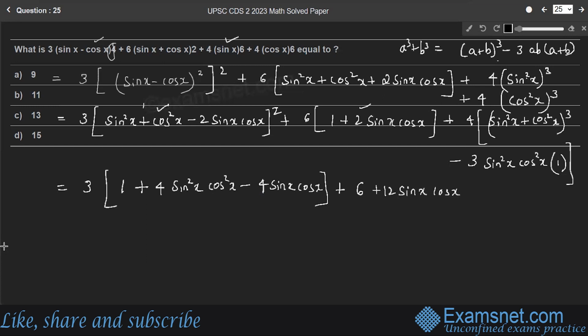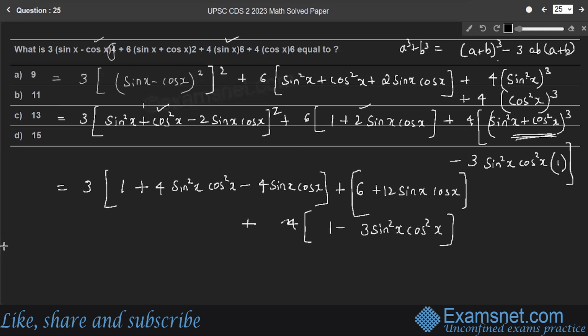So when you expand the last term, this is the second term. When you expand the last term, so 4 into sin square x plus cos square x, this term is 1 and its cube. So 4 into 1 minus 3 sin square x cos square x.